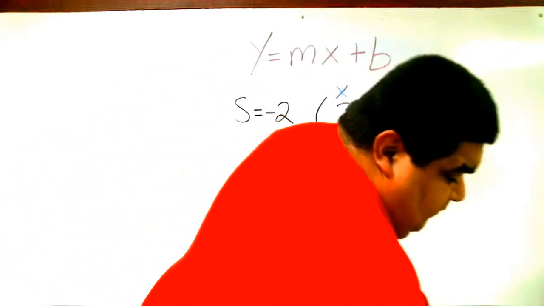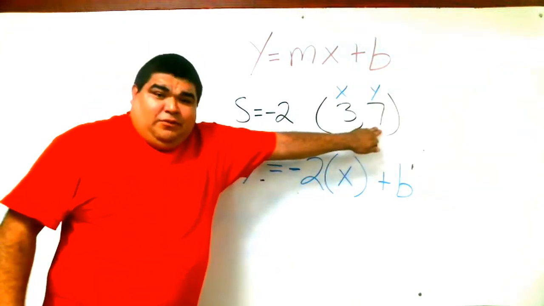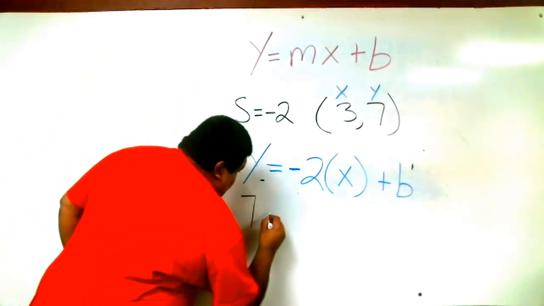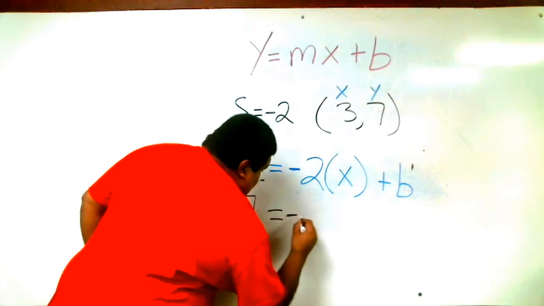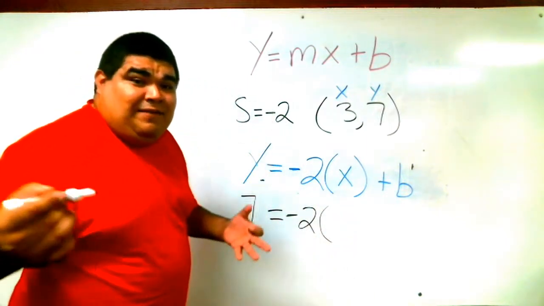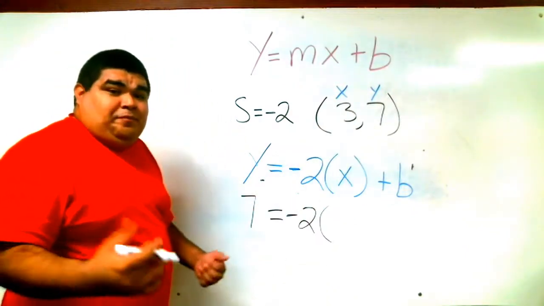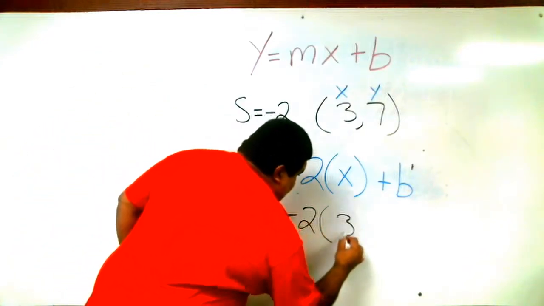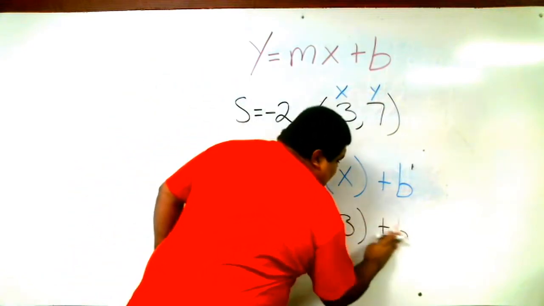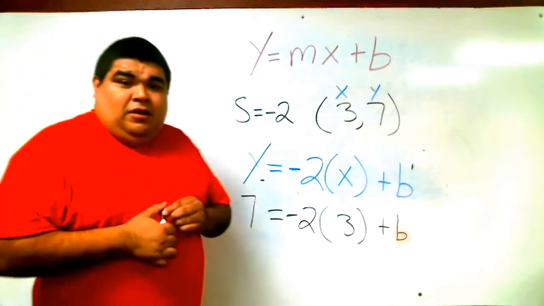So we know that y is 7 because we labeled the y 7. So we can say 7 equals -2 parentheses. We also have an x already because we labeled it from the coordinate, which is 3. So we have 3 plus b. Looks like a little 6, so let's try a little better. There we go.